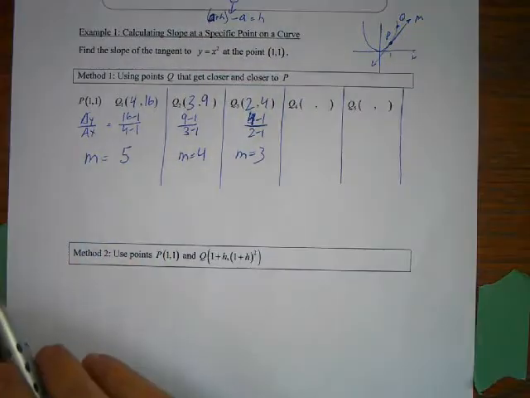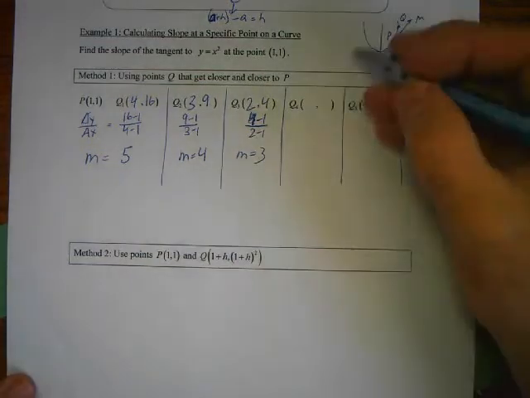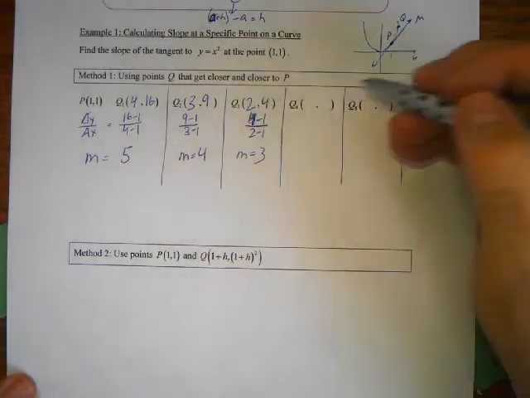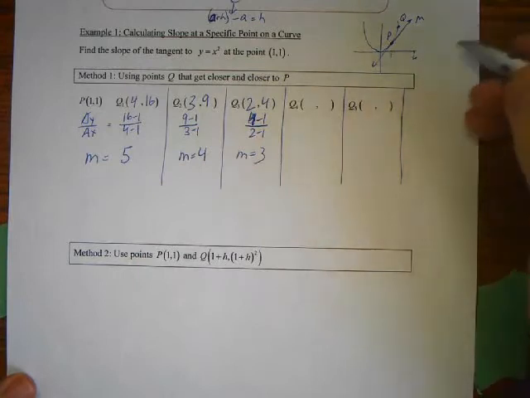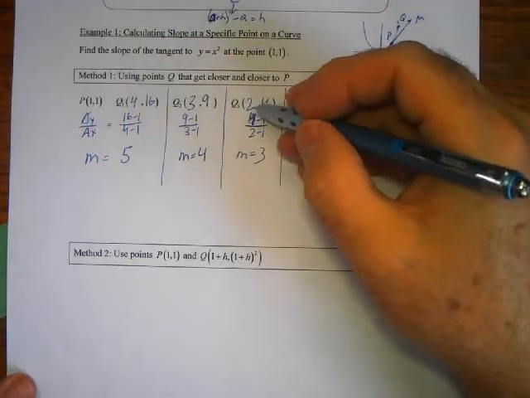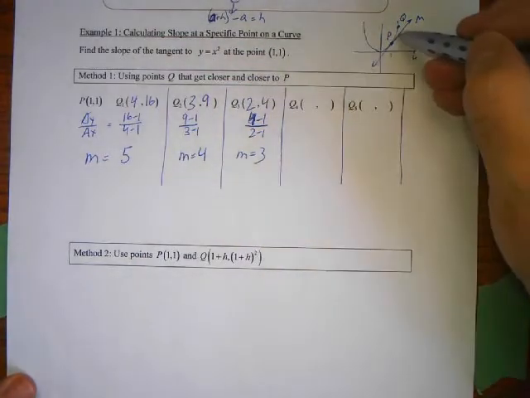So where will it actually go as the distance between P and Q gets so small? We're now at x equals 2, so let's try 1.5.